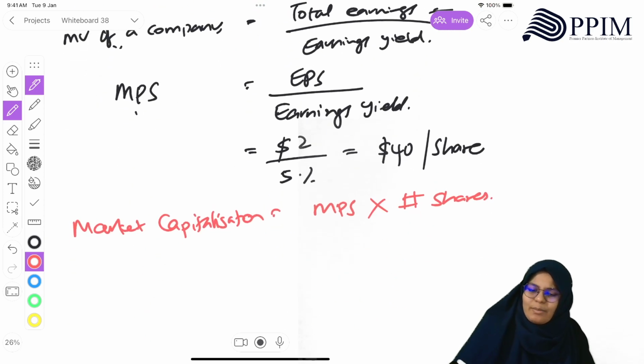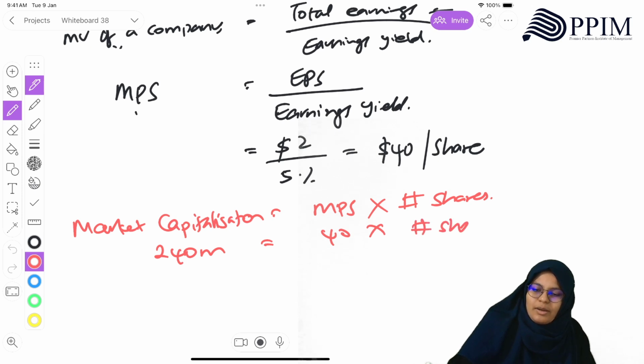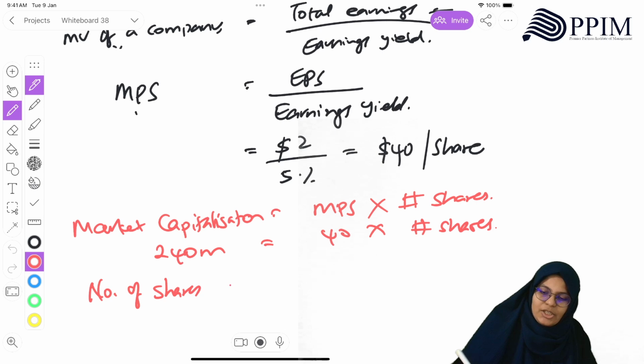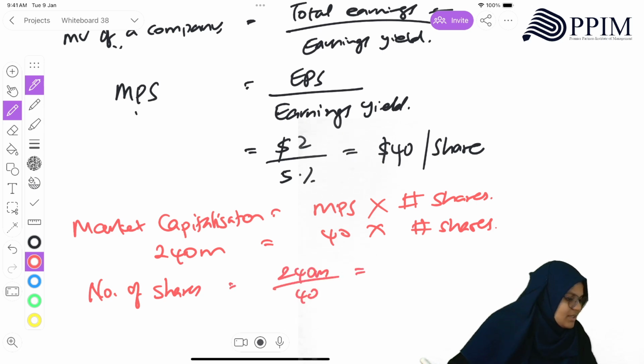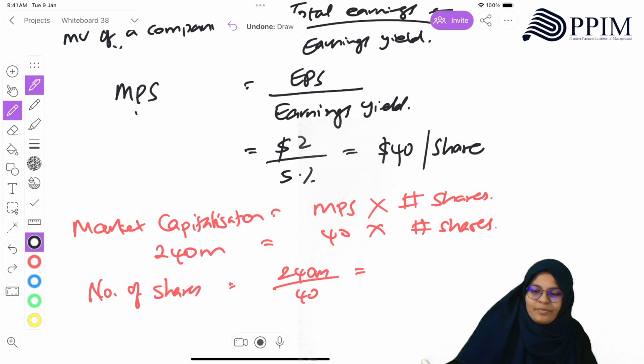So I'll just get the number of shares also. 240 million, 40 into number of shares. So number of shares in issue will be 240 million divided by 40, which is 6 million shares in issue.